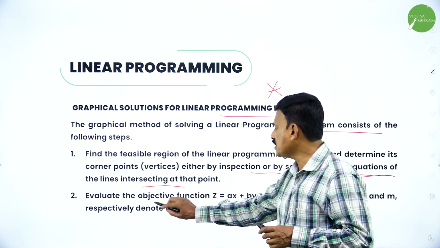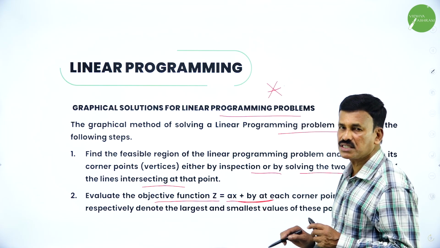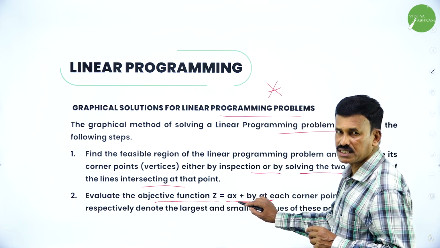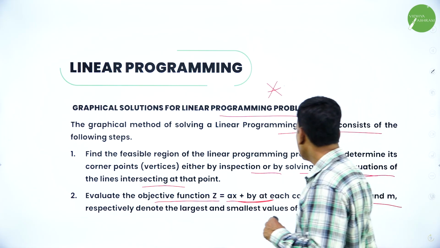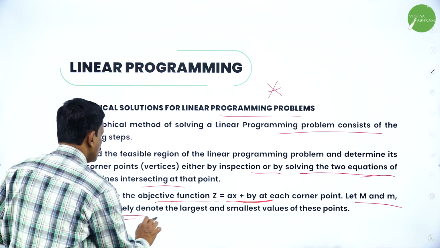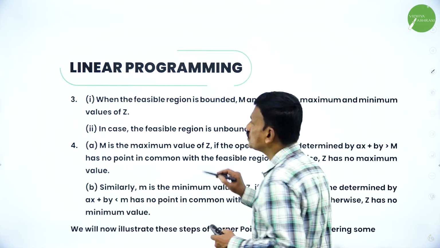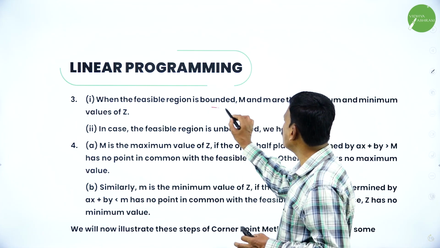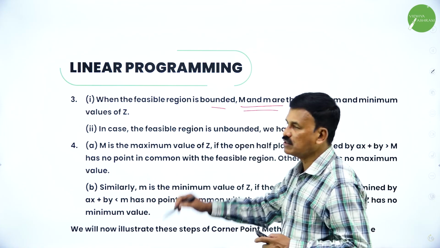Next, evaluate the objective function z = ax + by at each corner point. Let M and m respectively denote the largest and smallest values of these points. When the feasible region is bounded, M and m are the maximum and minimum values of z.